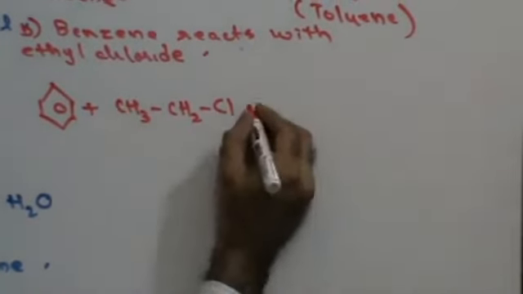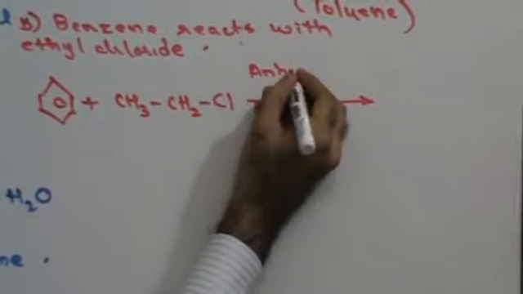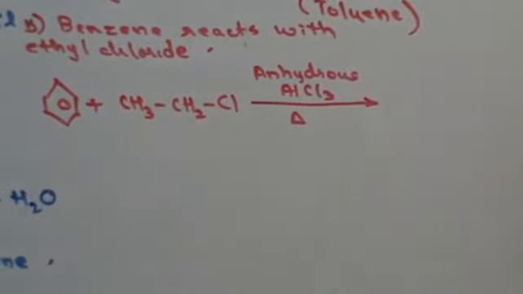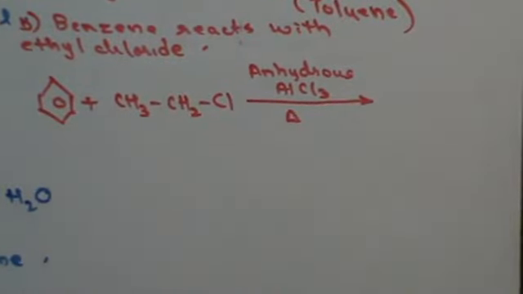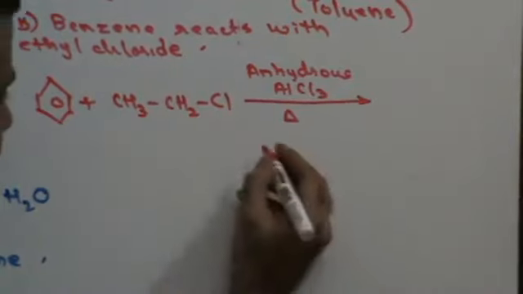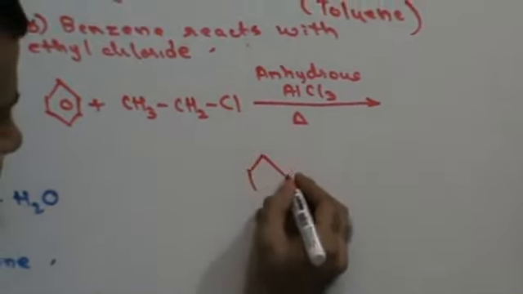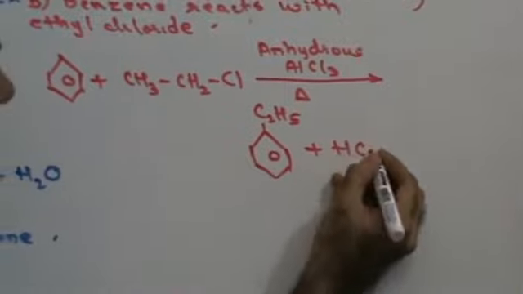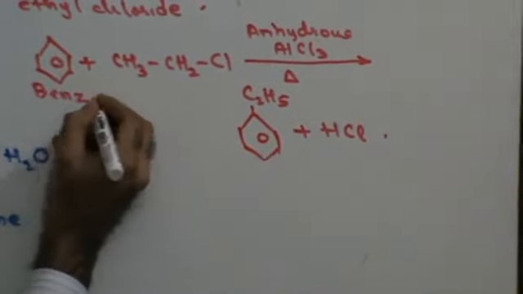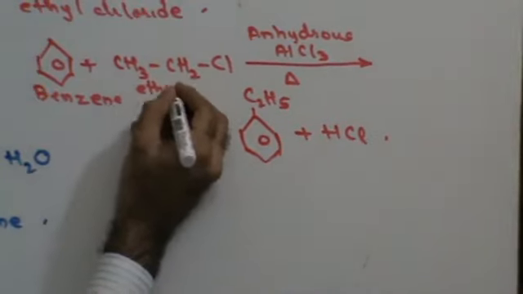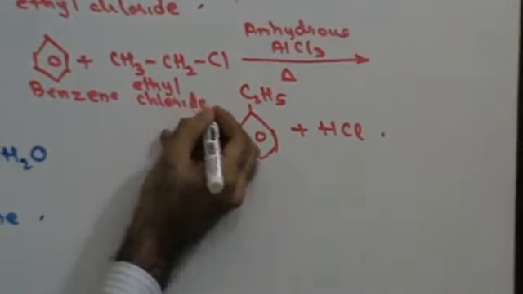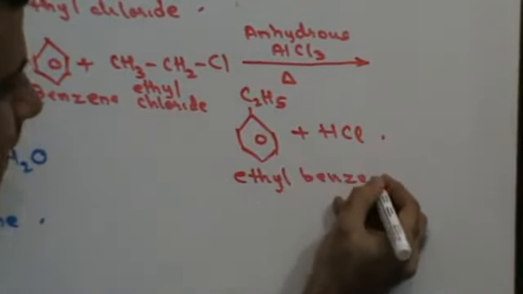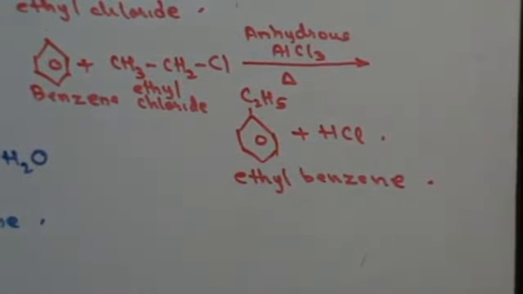Your catalyst would still remain the same, that would be anhydrous aluminium chloride, and you heat the reaction. Same substitution, you would have alkylation taking place. So in that case you will get benzene ring as it is, you will get C2H5 plus HCl. This is benzene, this is ethyl chloride, and this is going to be ethyl benzene. Fine, do we get this in clear?